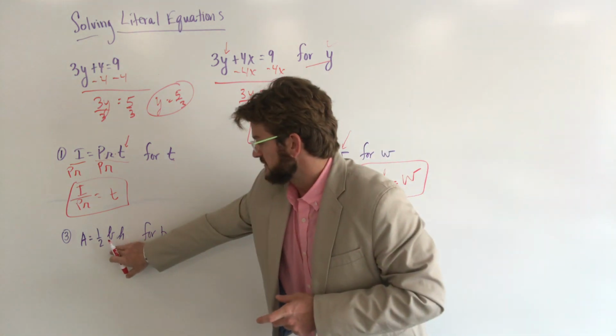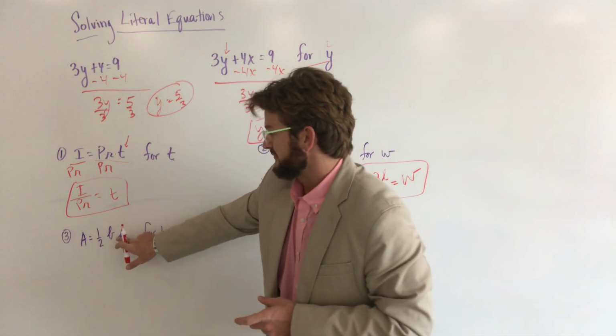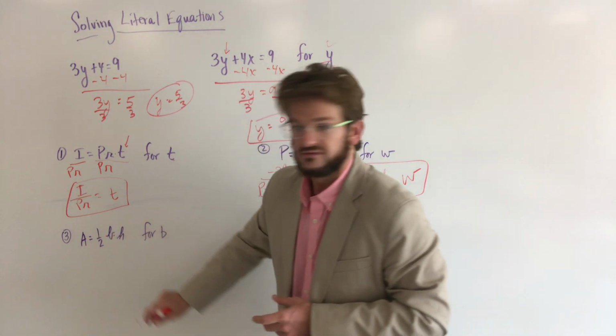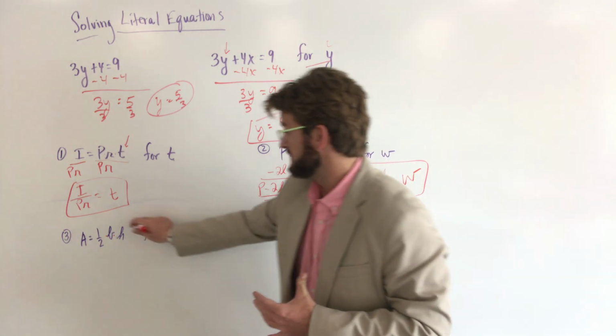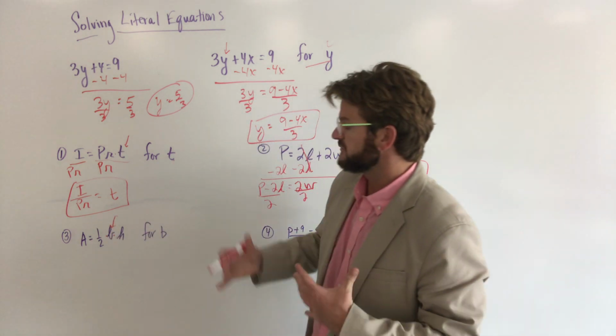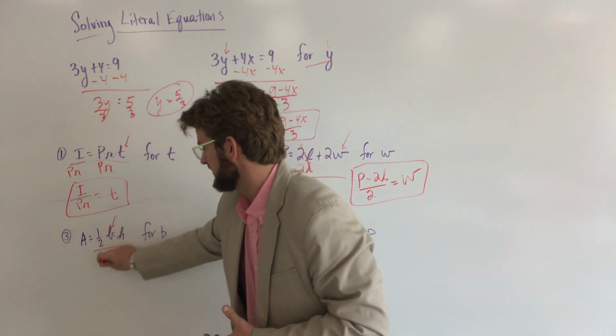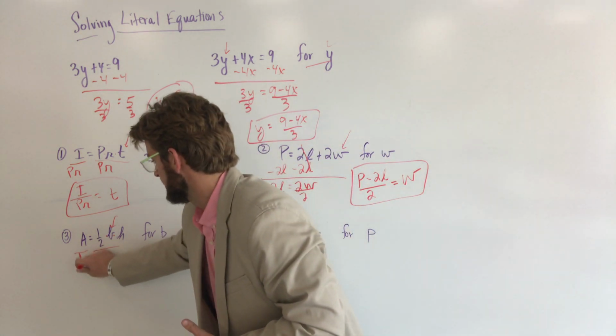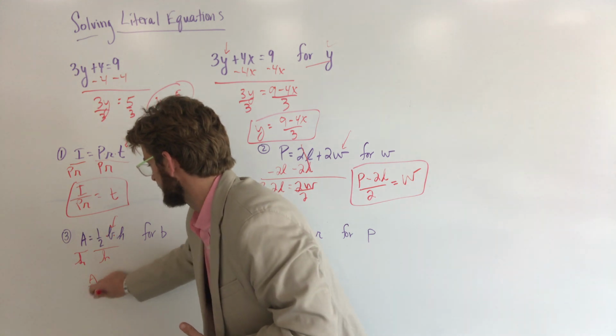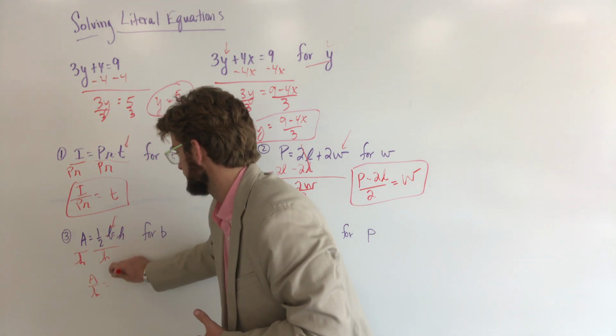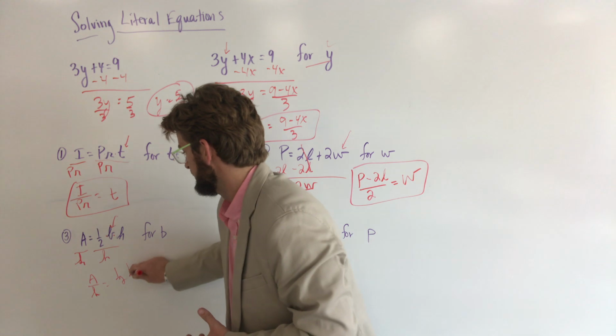The last two examples here, we have A equals 1/2 b times h. Notice nothing in between those is multiplication for b. So here's b. A few things that we can do here. We can do this one step at a time. So like I can divide by h first. That works. So now I have A over h is equal to 1/2 b.